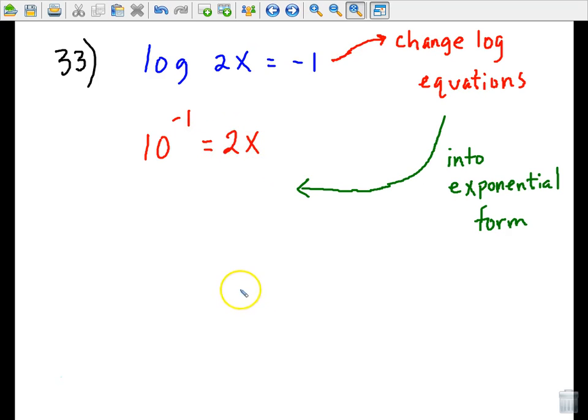And what's the fraction form of 10 to the -1? Brianna. 1/10. Just change 10 to the -1 into 1 over 10, and it's pretty easy now to solve for x. How do I solve for x?